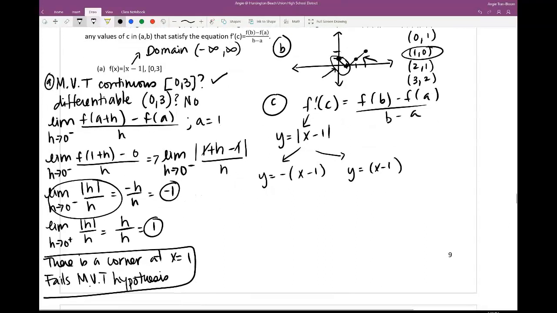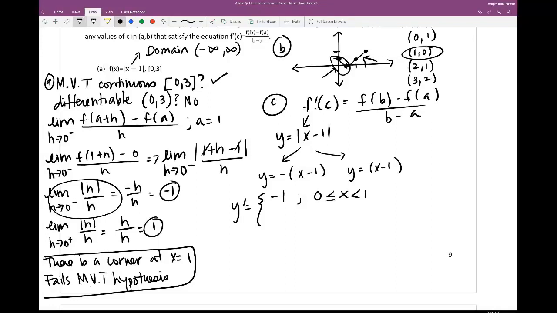So when you're doing the derivative, y prime is going to be negative 1 when x is less than 1, but the restriction was from 0 to 3, so greater than or equal to 0, but less than 1.